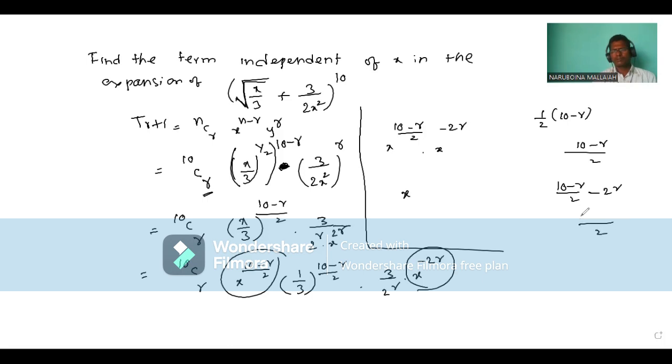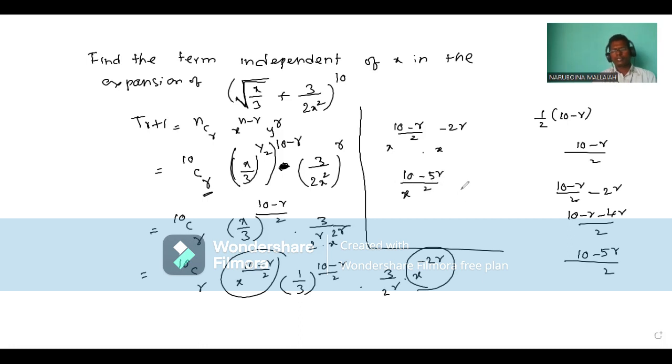Here LCM is 2, so 2 gets cancelled. 10 minus r minus 2 2s are 4r. Next, 10 minus r minus 4r, that is 10 minus 5r by 2. So I got x to the power of (10 minus 5r) by 2.